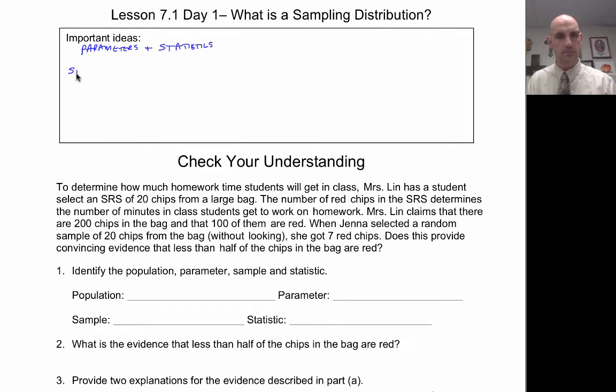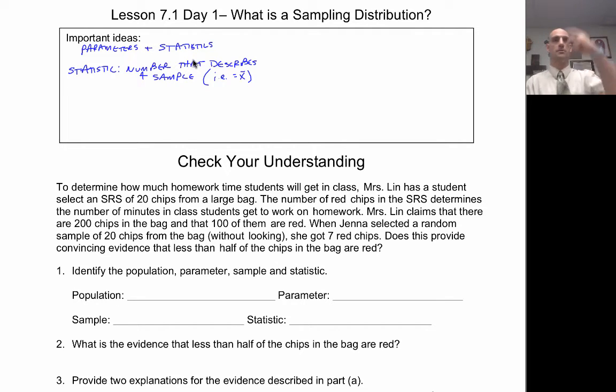A statistic is a number that describes a sample. For example, we used X bar to describe samples up there, so X with a bar over the top.